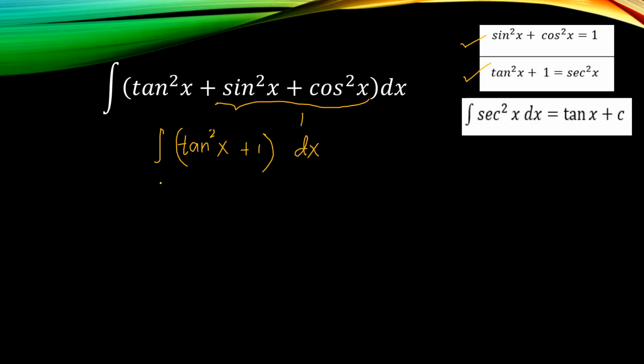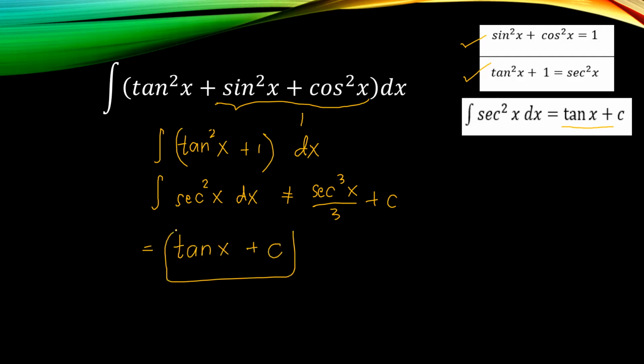Ayan, so pag naging secant squared x na siya, remember that it's readily integrable. Hindi siya magiging secant cubed over 3 ha. Baka naman magawa natin ganito. Of course, that will be wrong. So ang tama is to apply this formula. So the correct answer will just be tangent of x plus c. So this is the correct answer using this formula.